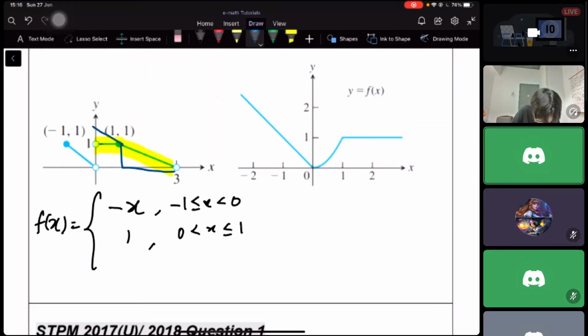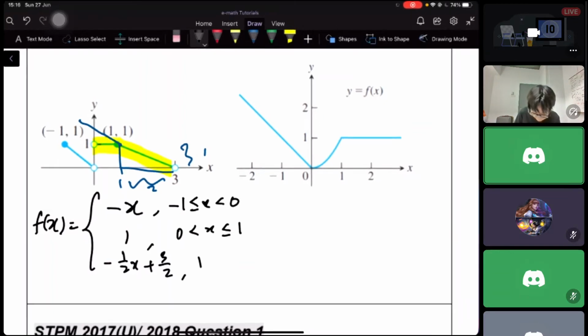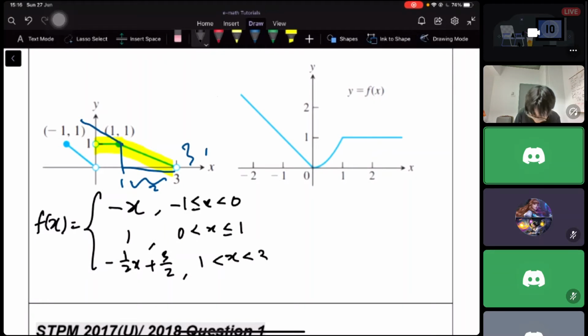If you extrapolate, this is 2, this is 1. So it should be -half x plus 3 over 2, right? I'm not sure about that, if you guys go and check. I think it's -half x plus 2, when x is between 1 and 3, not including 3.